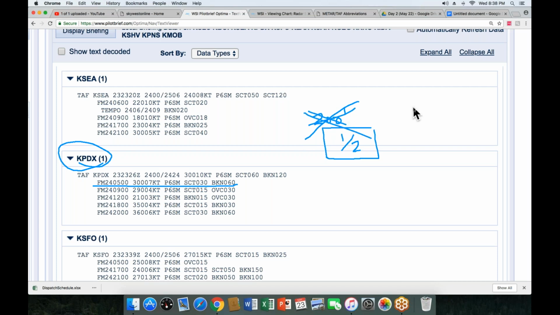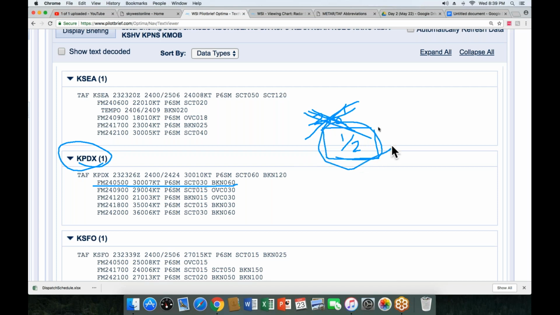That ceiling's going to change. This is just a forecast and an estimate of what they expect the ceilings to be doing. Doesn't mean that's what's actually going to be occurring, and we don't know. It's a broken layer. Maybe the approach end of the runway is that 3/8 that's open, where there's nothing, just clear skies right at the approach end of the runway. But maybe it's the part that is covered in clouds. We don't know what's going to happen, so we don't take the ceiling into consideration.